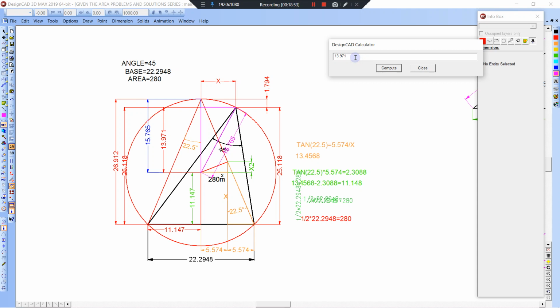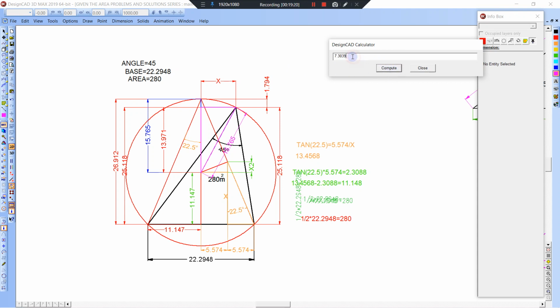I'm going to take 15.765 squared minus 13.971 squared, and we get the square root of both of those.